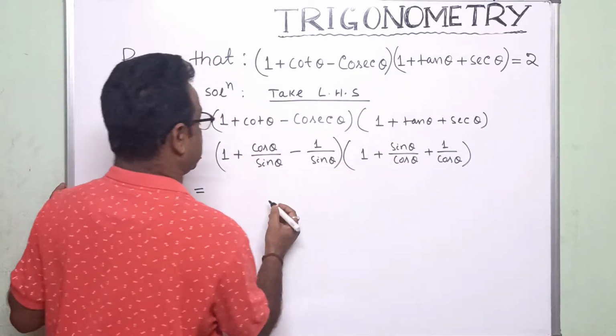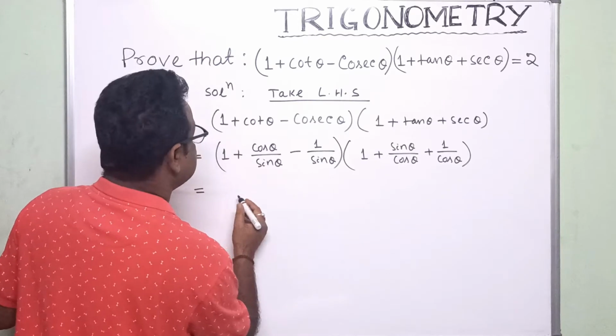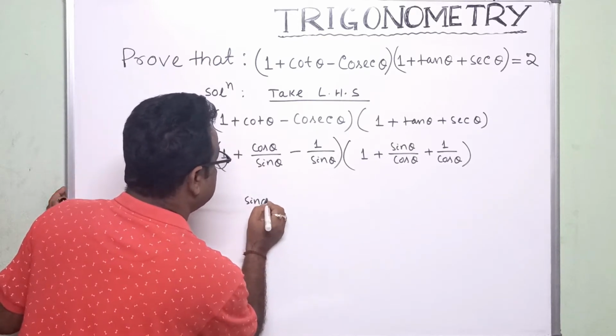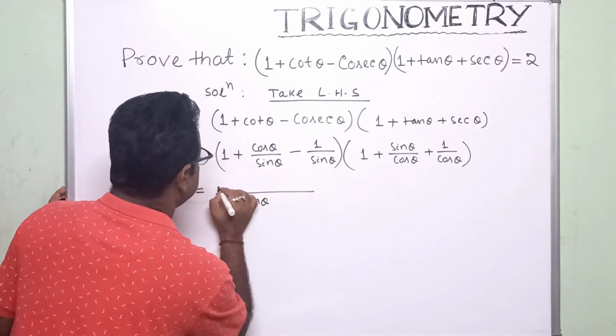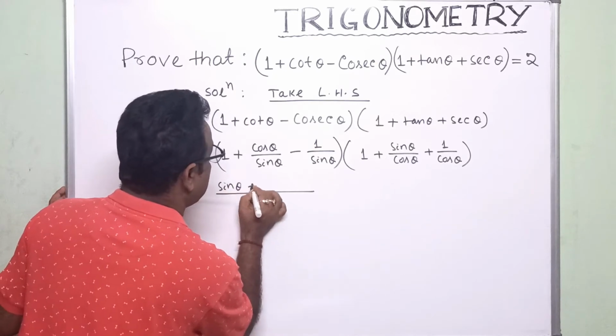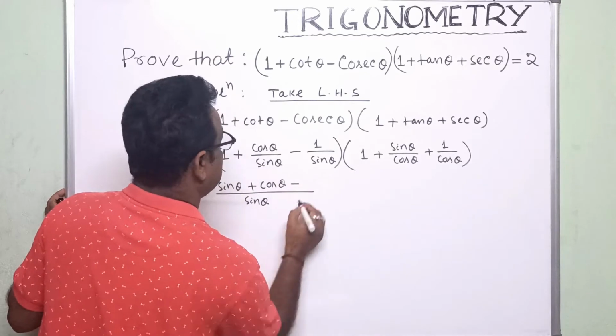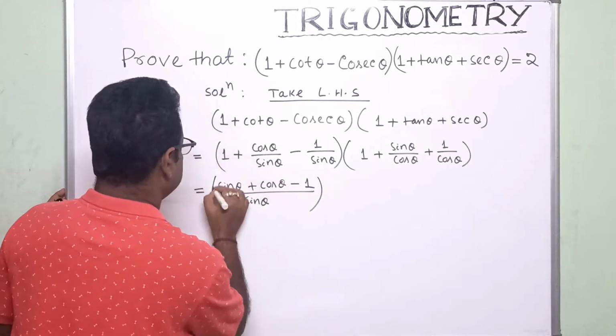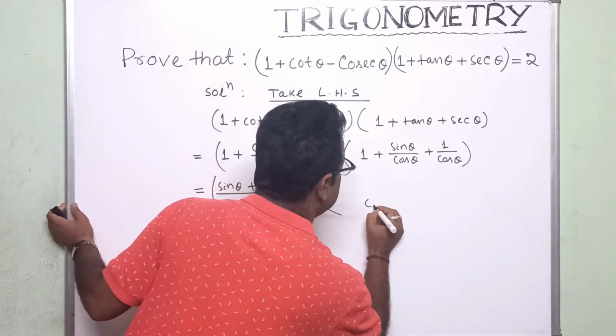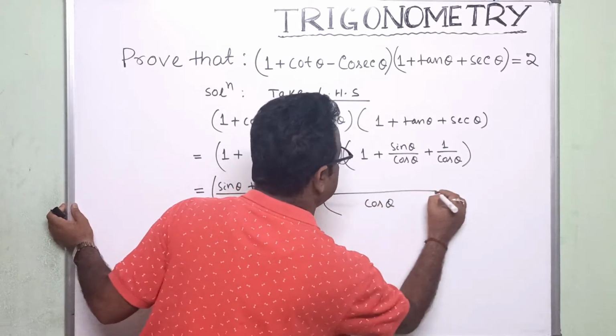That is equal to your LCM. We will take sin theta. So (sin theta plus cos theta minus 1) into, again take LCM, cos theta.